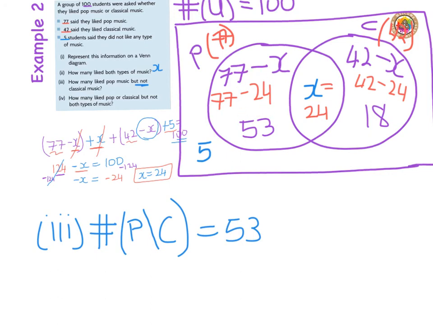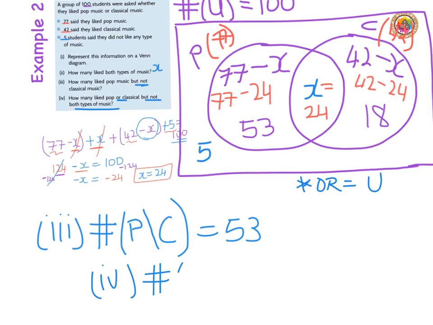And the next question I'm asked here is how many people liked pop or classical but not both? That's a very interesting one. That's part 4. We're looking for how many, again the cardinal number, hashtag. Now, pop or classical: the word or, we've had that before, and or in sets always means union.